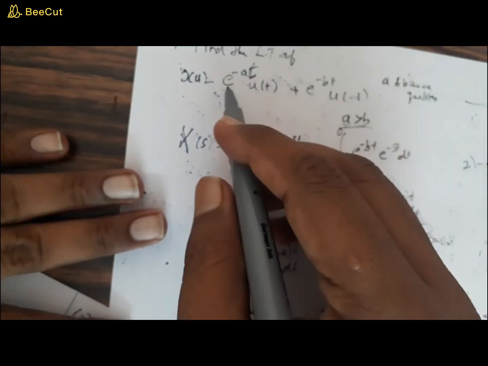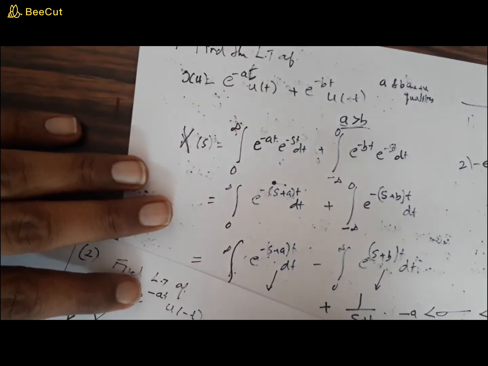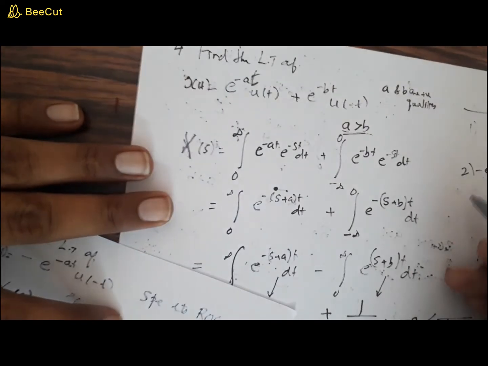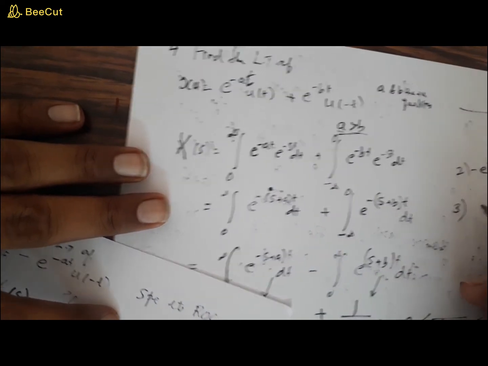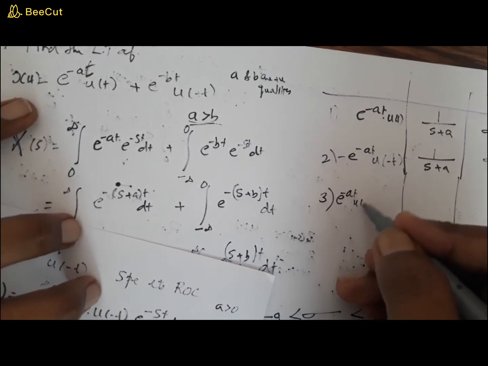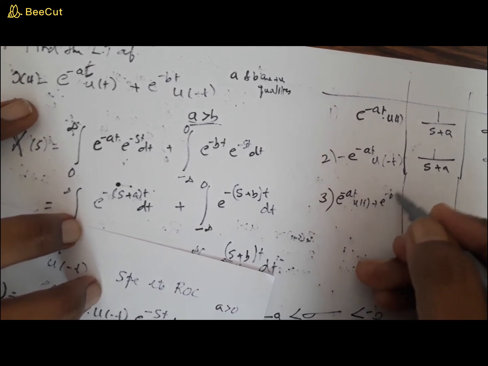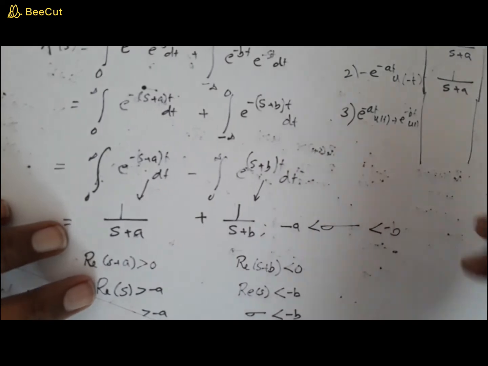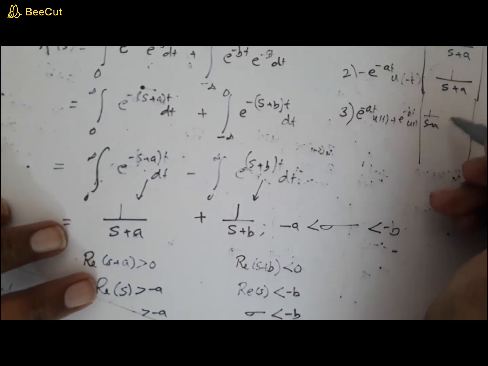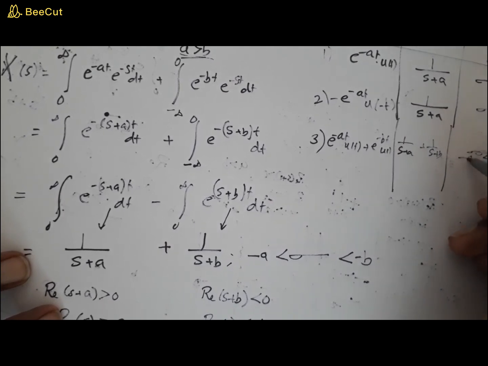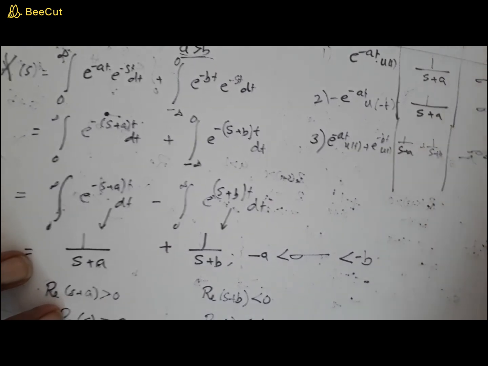Even though we did another problem of the same type, consider this just to make you understand one concept. The third one is e raised to minus at into u of t plus e raised to minus bt into u of t. So we know that the transform is 1 by s plus a plus 1 by s plus b. But what about sigma? Sigma lies in between minus a and minus b.